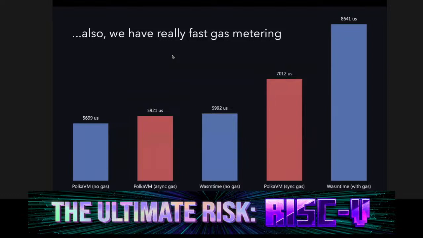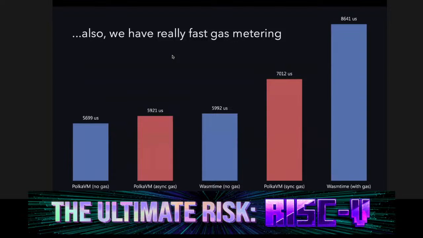So asynchronous gas metering removes the check for the gas, and gas is instead checked from another thread running concurrently with the program. So this makes it a lot more efficient. And for the majority of use cases like smart contracts, you don't actually need synchronous gas metering.